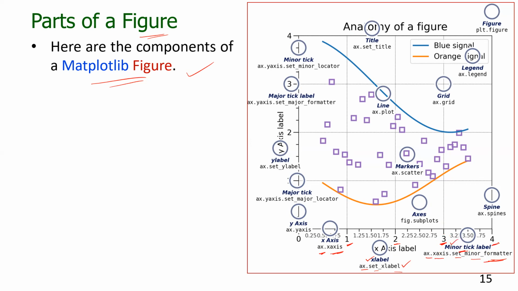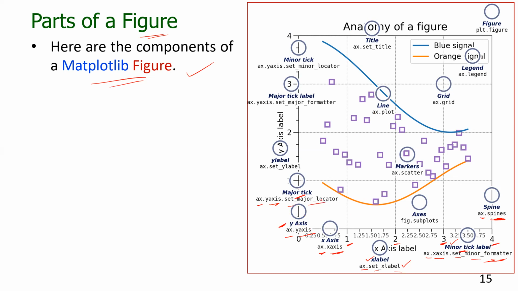Then the fourth one is called the spine. In the diagram you can see this is the spine, the thick one. To define this spine, use the statement ax.spines. Next, similarly the y-axis, ax.yaxis. Then to define major ticks, ax.yaxis.set_major_locator.